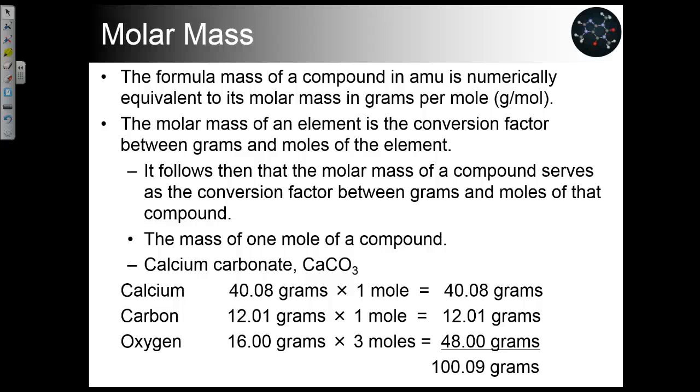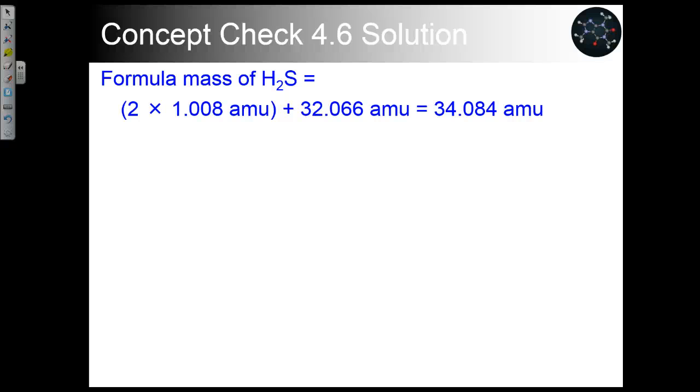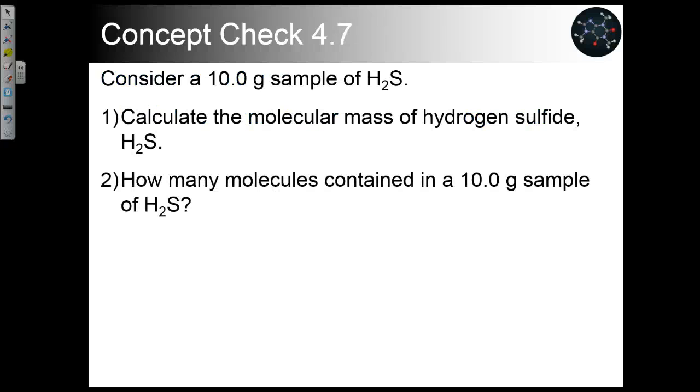So back to the formula. You can atomic mass of the highly tied. So hydrogen is what? Okay, 30. But that's as hard as it.